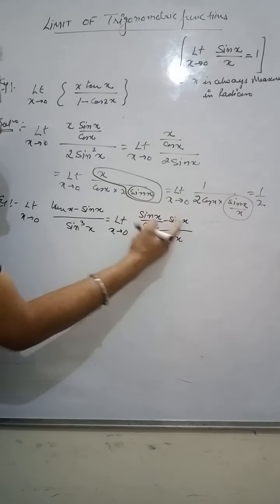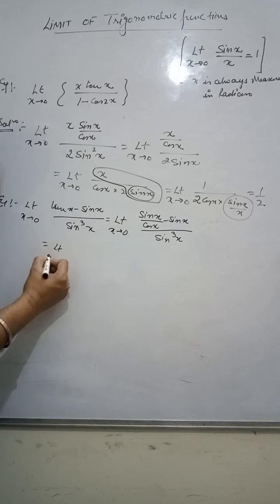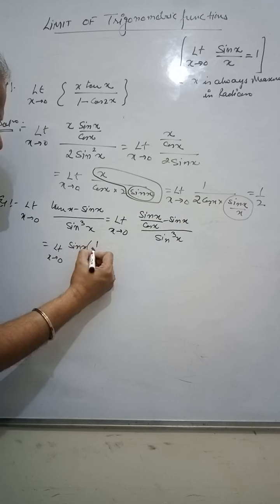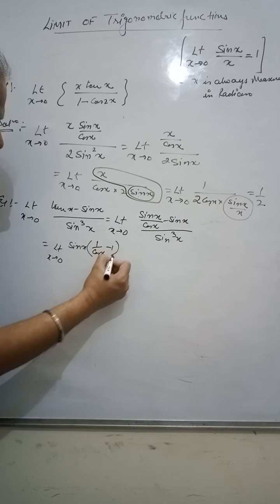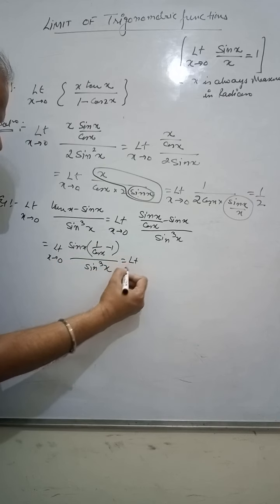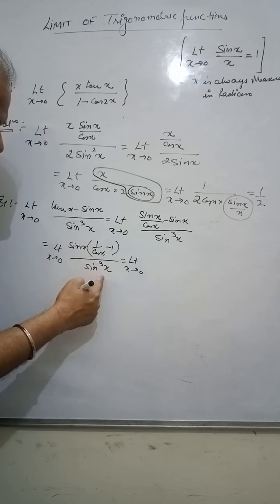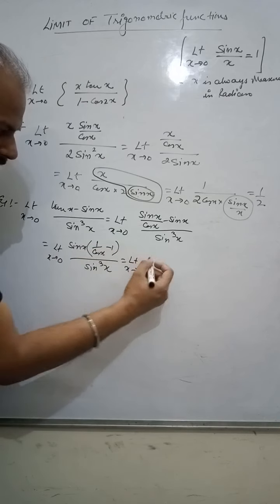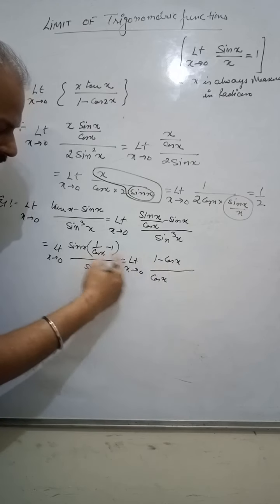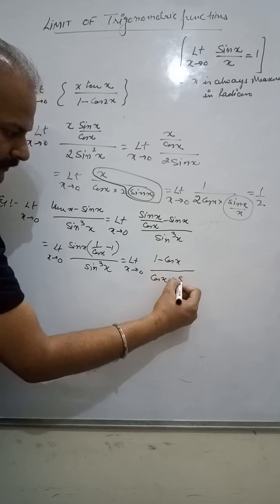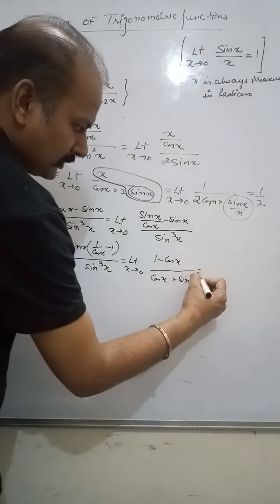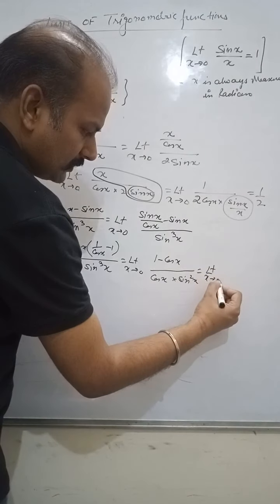I can take sin x common from the numerator, so the limit as x goes to 0, sin x is common, we are left with 1 upon cos x minus 1, upon sin cube x, and I can cancel this one sin from here. If I take the LCM, it becomes 1 minus cos x by this LCM, cos x into sin square x. Now again use the identity of trigonometry.